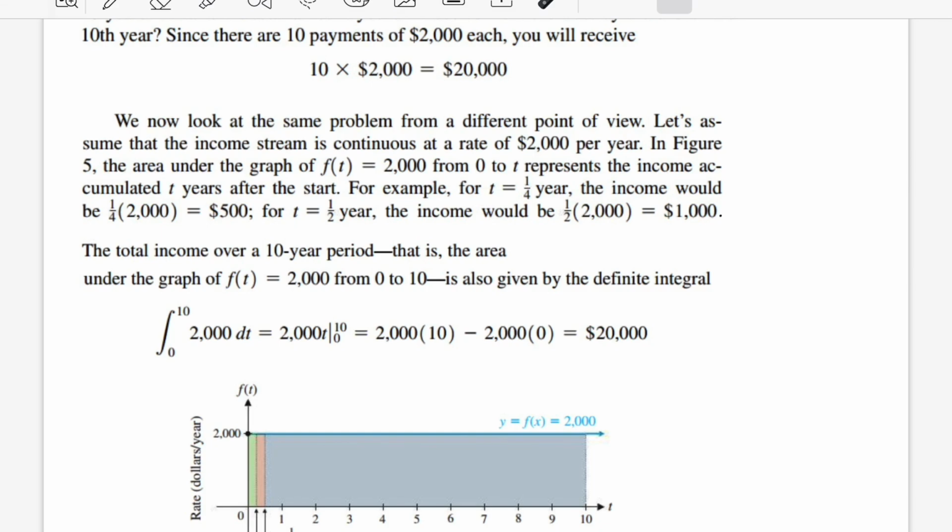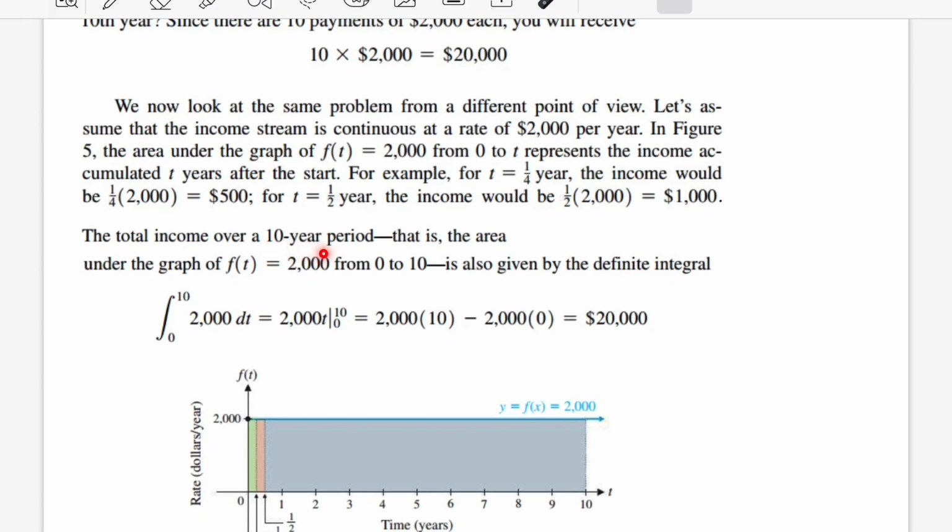So, for example, if t were equal to 1/4 of a year, the income would be 1/4 of $2,000, so that'll be $500. If t were equal to 1/2 of a year, the income would be 1/2 of $2,000. So this tells us the total income over a 10-year period, the area under the graph from 0 to 10, will be given by this definite integral.